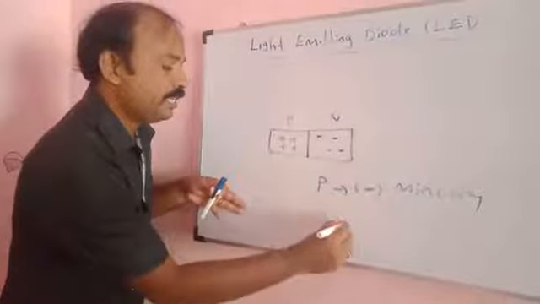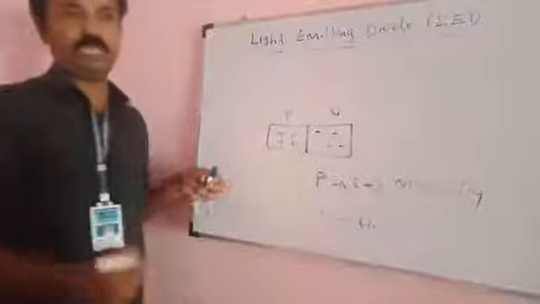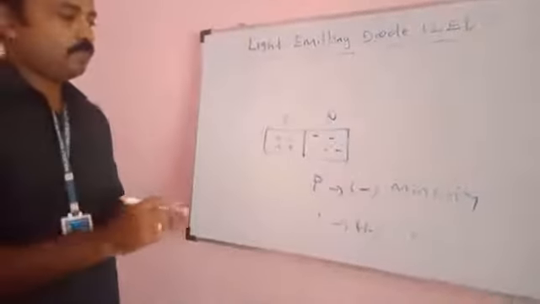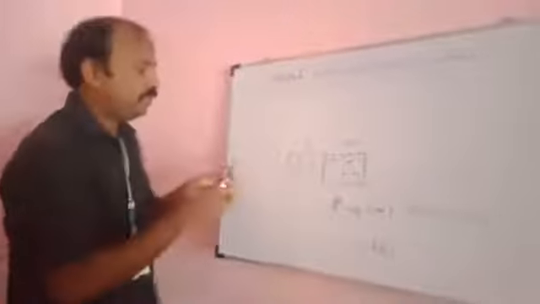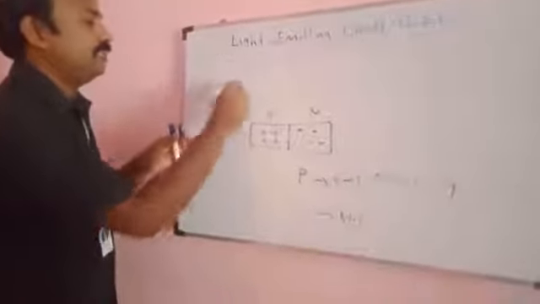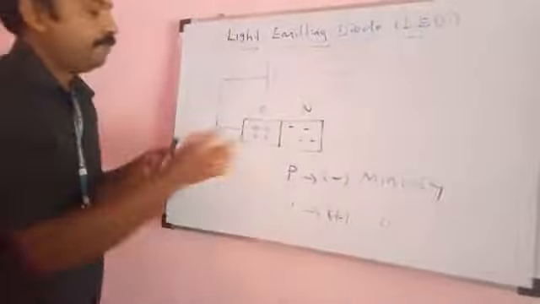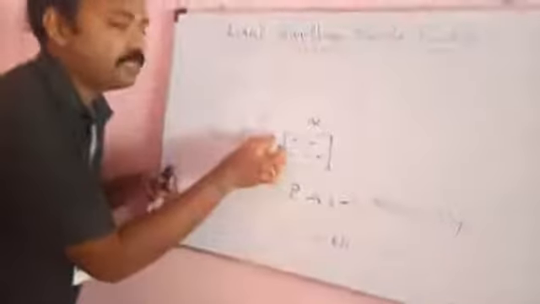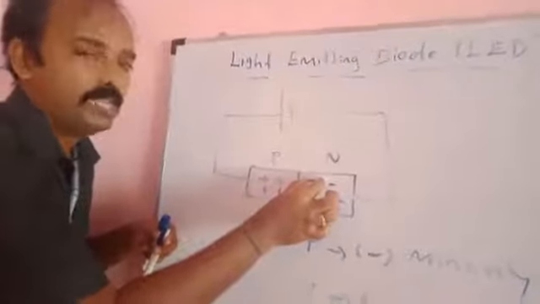In the N-type semiconductor, the positive hole is the minority charge carrier. So when a suitable forward bias is provided, the positive hole from the P-type semiconductor enters the N-type semiconductor.